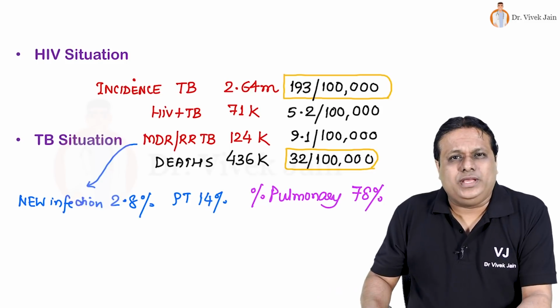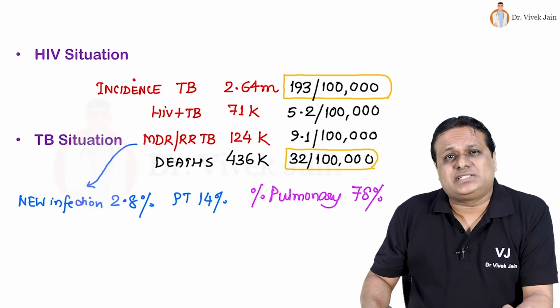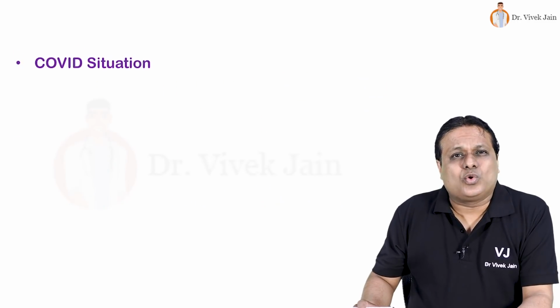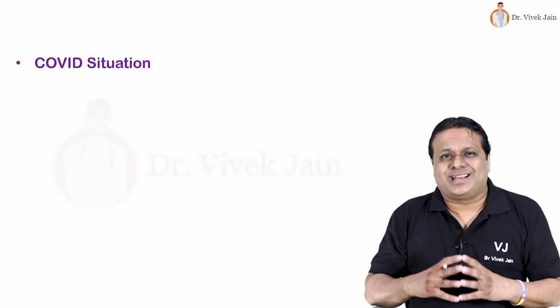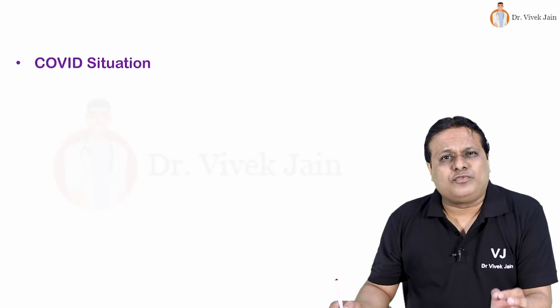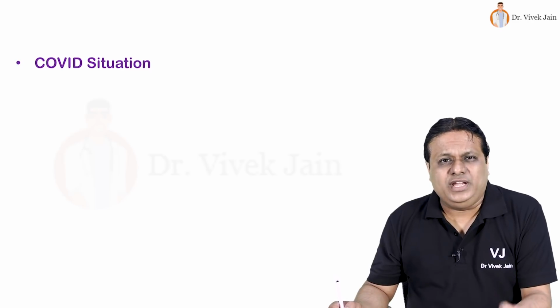Now the ongoing global pandemic, which has affected India also through multiple waves, that is COVID-19. What is the current existing situation of COVID-19 as of today, on the day of this video release?